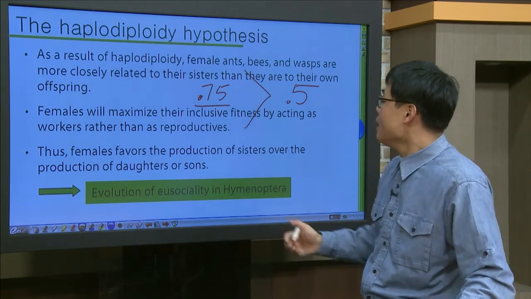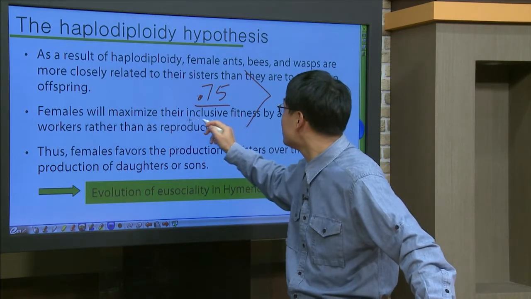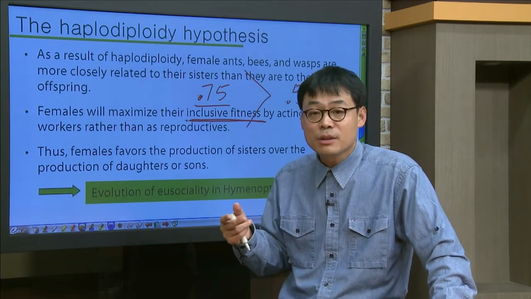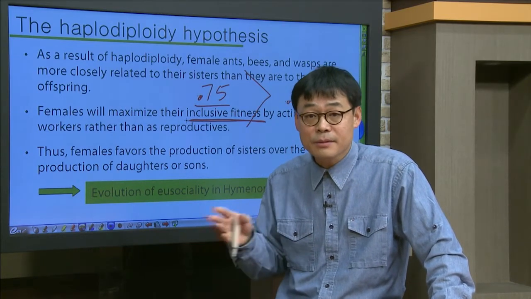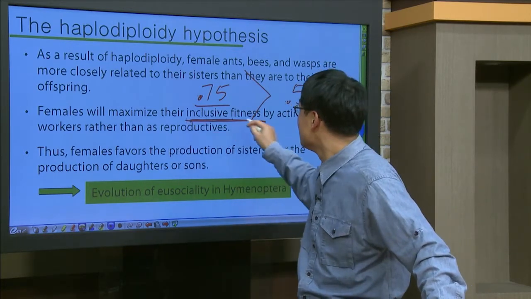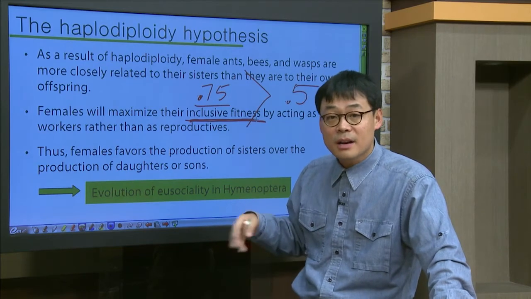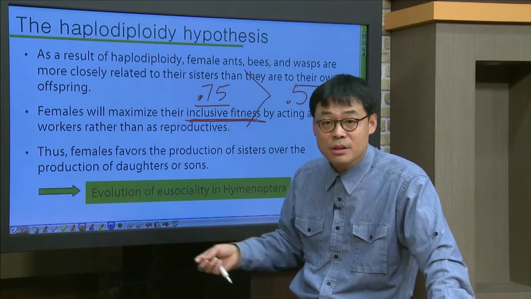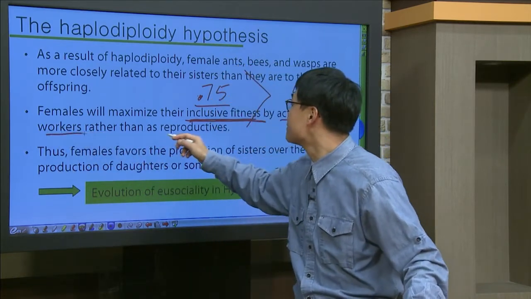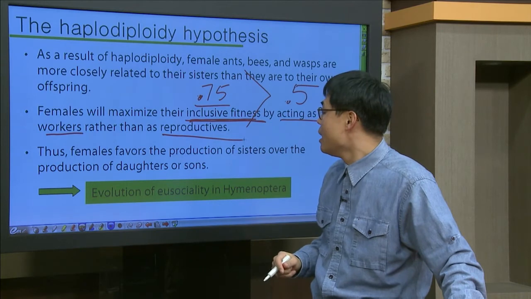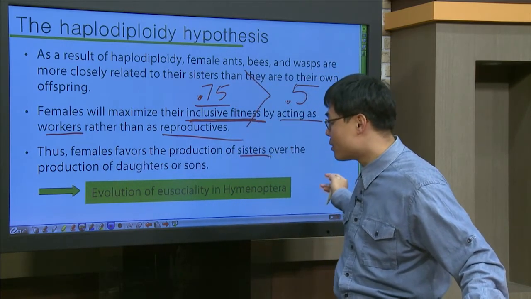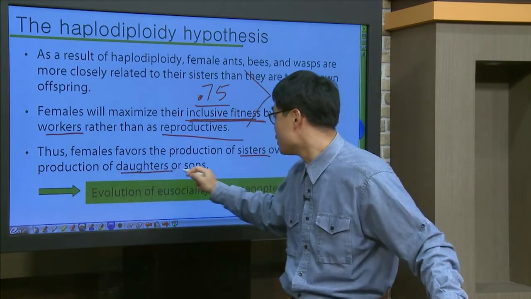So females will maximize their inclusive fitness, since they have no direct fitness, because they do not reproduce themselves. They do not have direct fitness, but they have huge inclusive fitness, because they have a lot of sisters, sometimes 20 or 20,000 sisters, by acting as workers rather than reproductives. So this is the condition: females favor the reproduction of sisters over the production of daughters or sons.